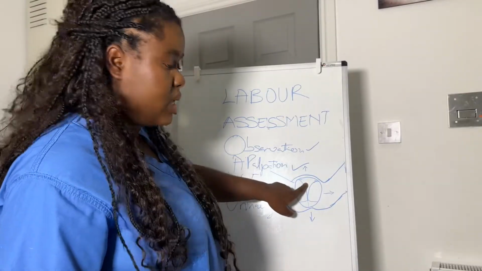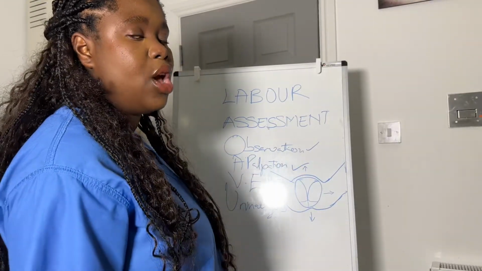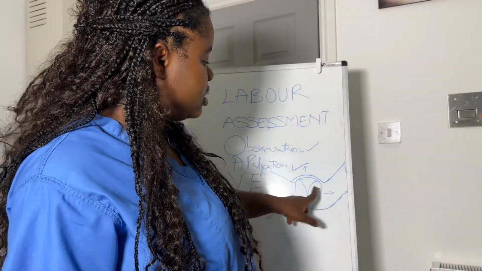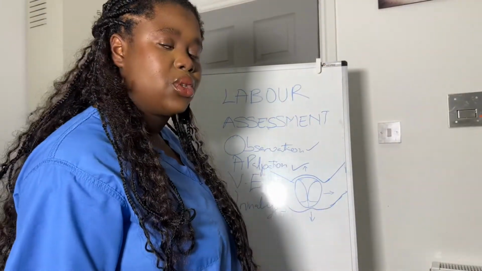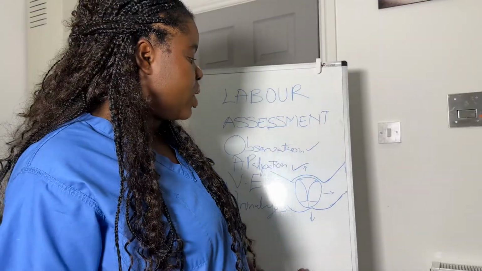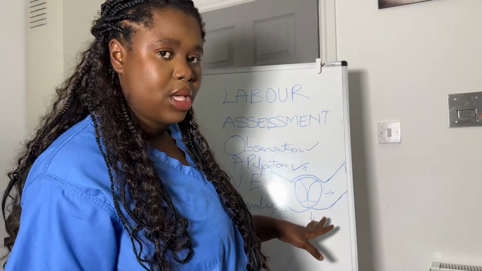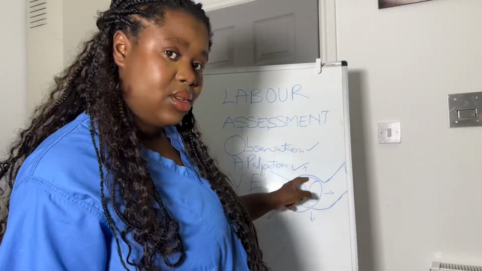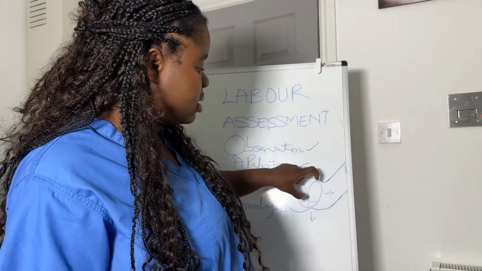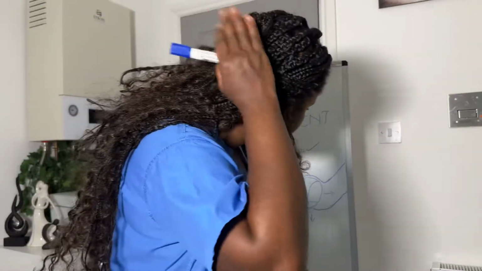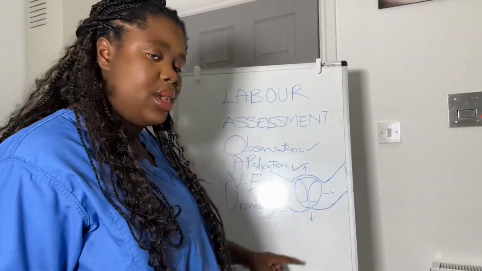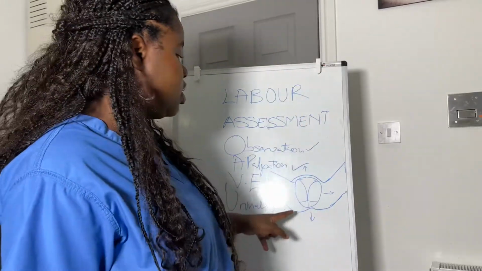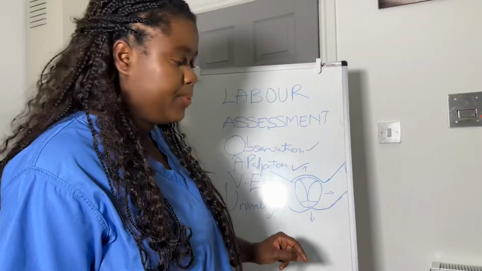If this side is facing up, you will say occipital anterior. If it's facing this direction, either left or right, it's occipital transverse. So we have the left occipital transverse and the right occipital transverse. If it's facing down this side, that means the baby has turned, and the back is facing down, and the face has gone up, then we say occipital posterior.